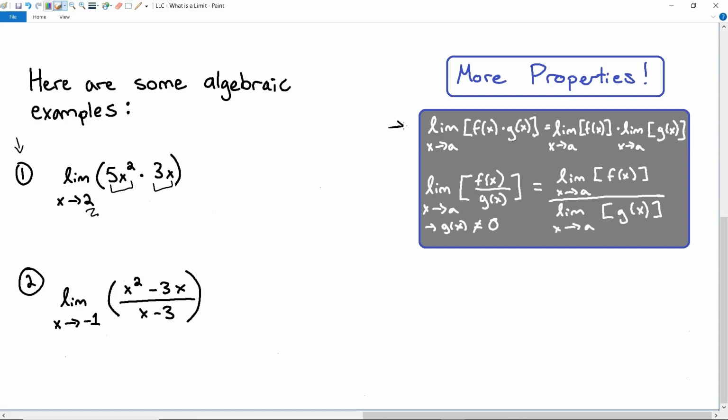And that means that this algebraic property is going to be very useful. And it tells me, just like before, where if I were adding or subtracting two different chunks of a function, I could separate them into two separate limits. I could do the same thing with multiplication. So I can rewrite this like so.